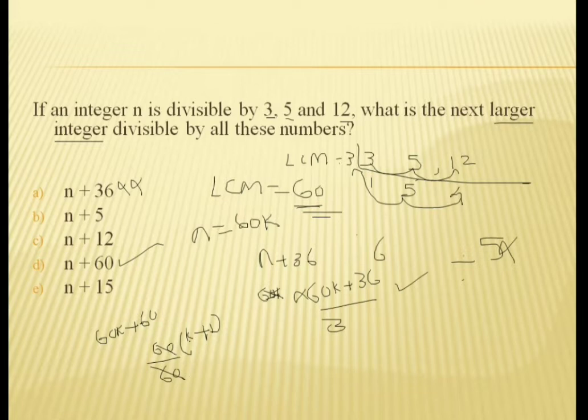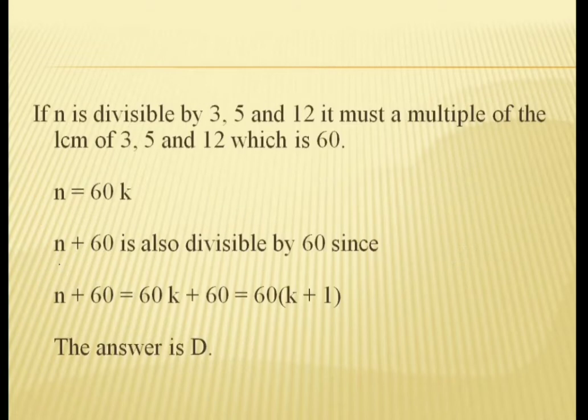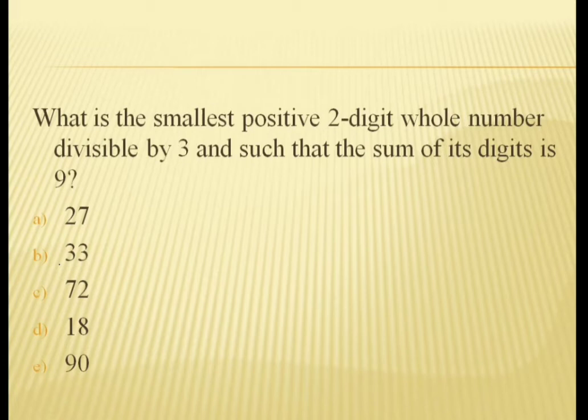Yes, there is no remainder, so it is divisible by 60. So answer is option D, n plus 60, right? That was an easy question. Yes, this is the explanation if you want. Okay, we can move to the next question.